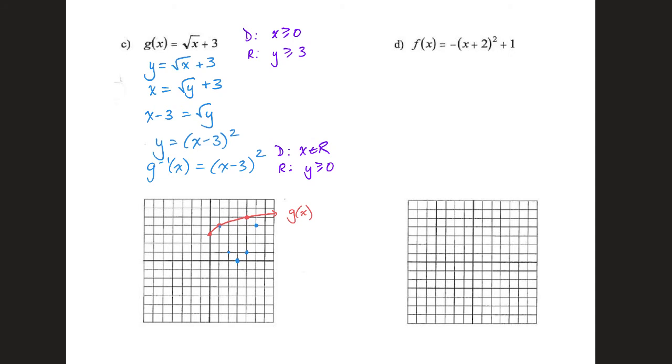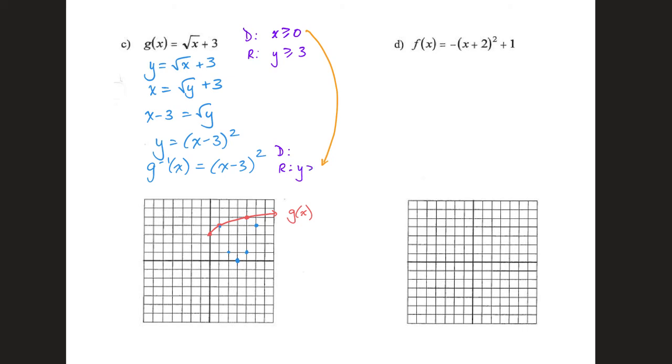So we're going to learn a little something new on this: whatever my domain and my range are for my original function, that must also satisfy my inverse. So what am I talking about with that? Well, then that means that my domain of my original must become my range on my inverse.